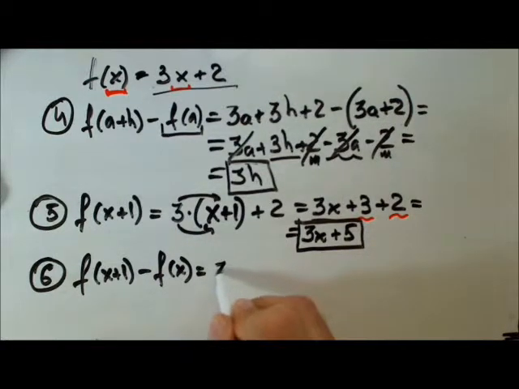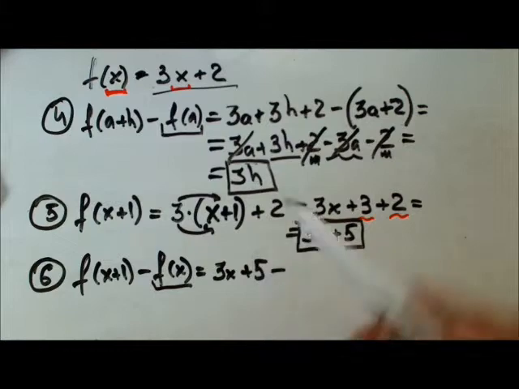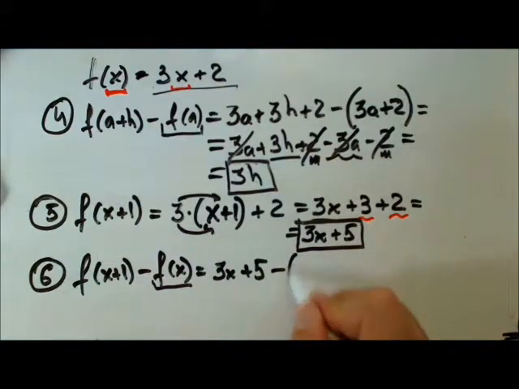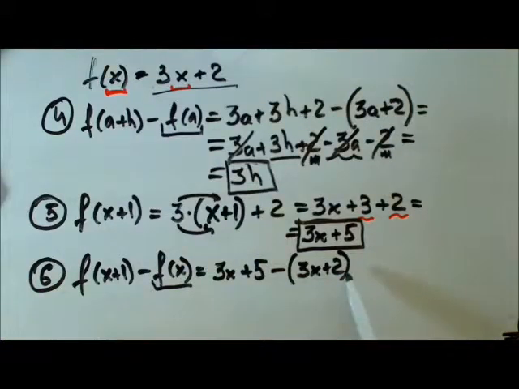Just plug it in: 3x plus 5 minus, again, f of x, which is the original expression. Don't forget, because we're subtracting the whole expression, we have to put parentheses, negative (3x plus 2). If you don't use parentheses, again, it will be a different sign in front of 2, and your answer will be different, and also wrong.